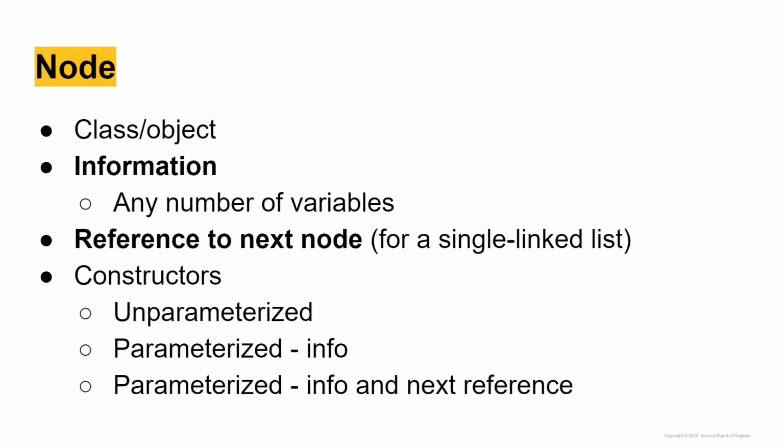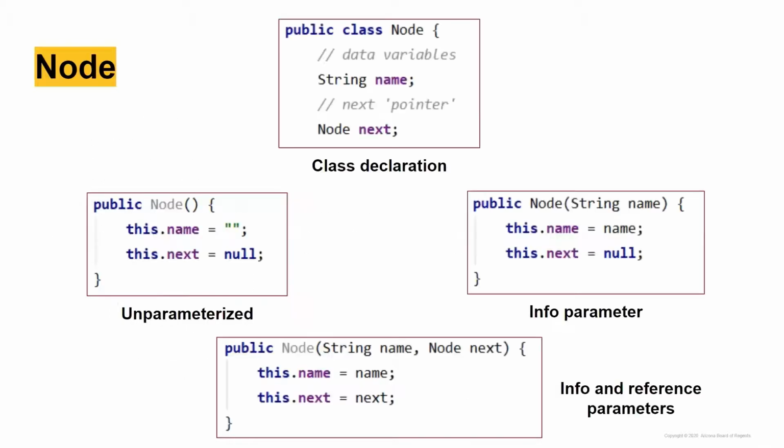But generally, you're going to have some combination of an unparameterized constructor, a parameterized constructor that takes some amount of information as the parameter or parameters, and a parameterized constructor that takes in information as well as the next node reference as parameters. I'll show you what I mean.